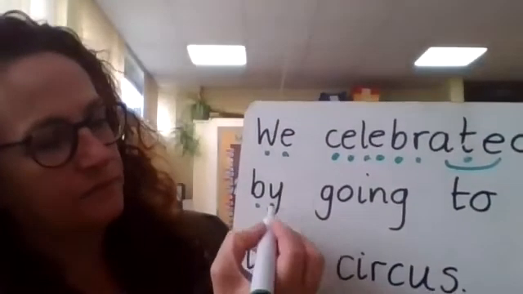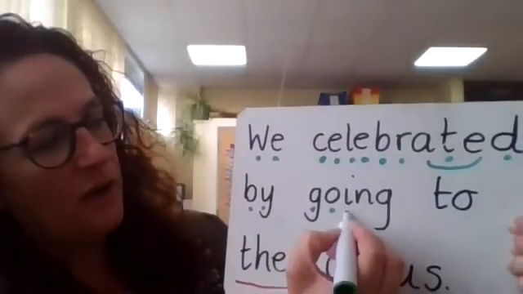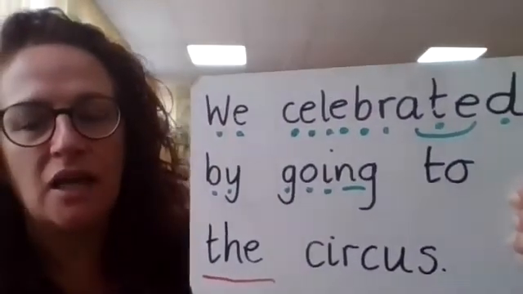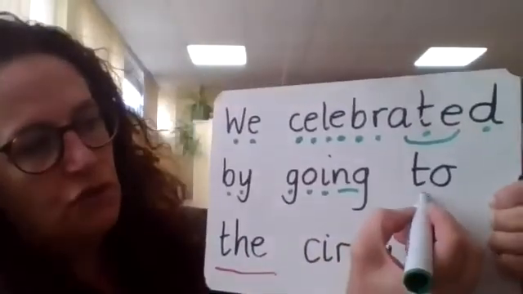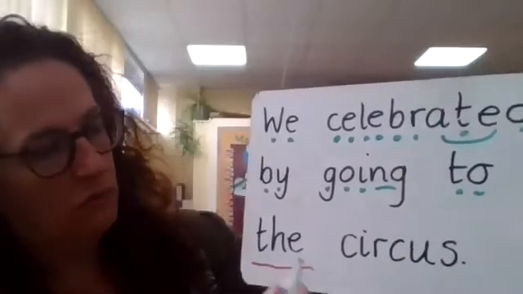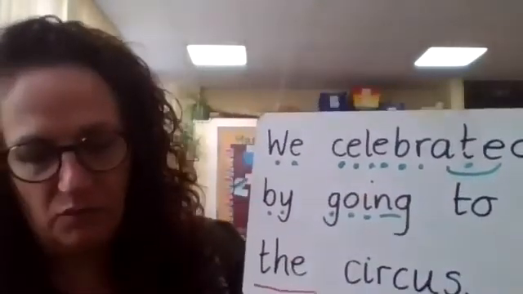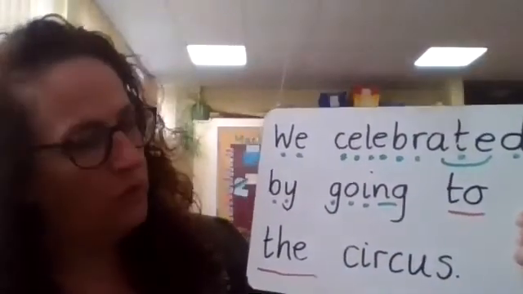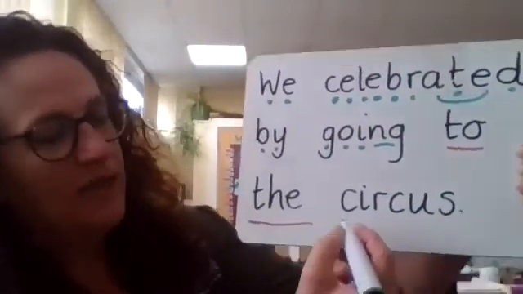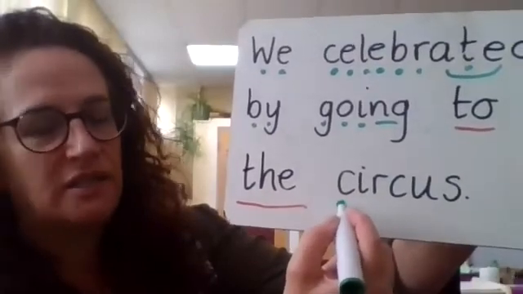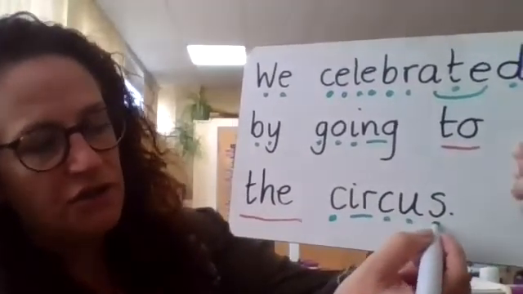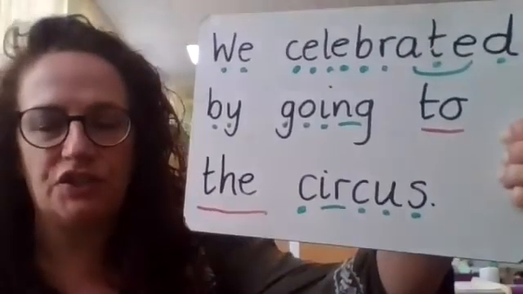By. G-O-I-N. We celebrated by going to, oh no, hang on, that's not a sounding out word, silly Miss Fothers. By going to the, here we have our last word, circus.